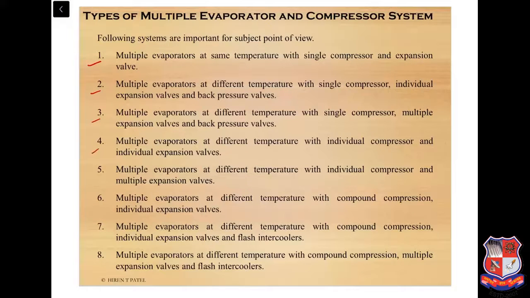So if we can see, there are 8 types of different systems with multiple evaporators, single or multiple compressors, individual or compound compression, etc. During this lecture we are going to see the different kinds of systems.